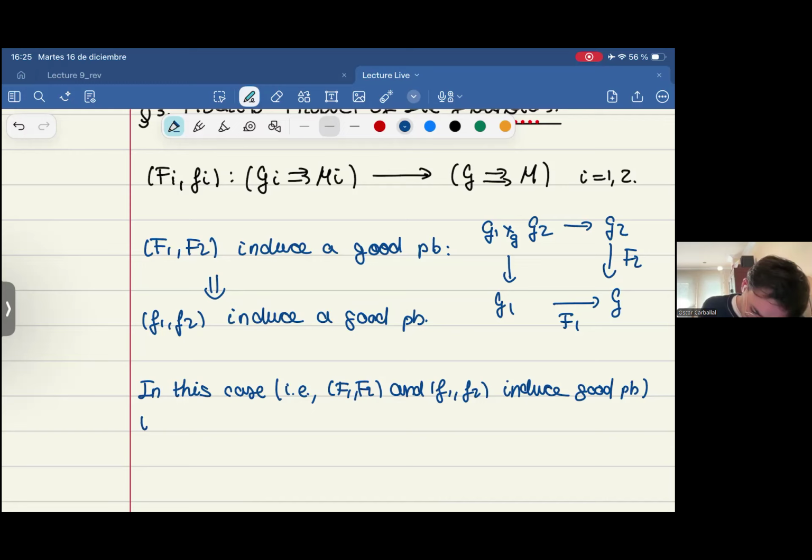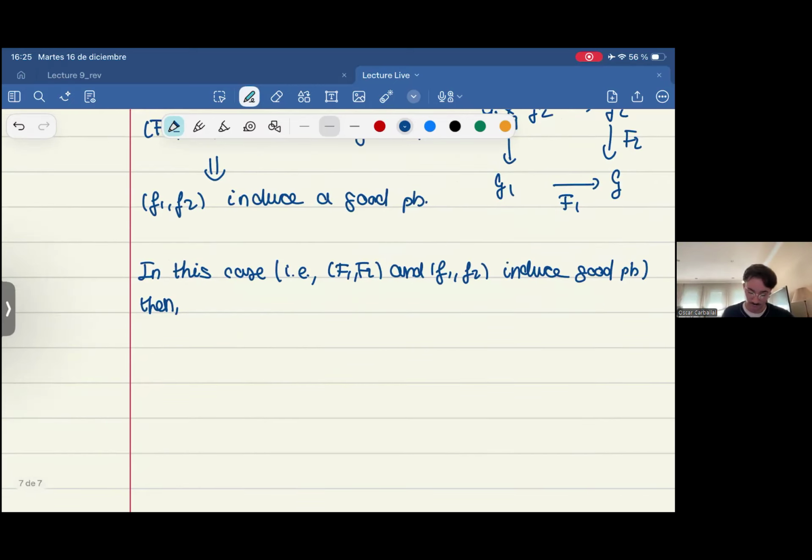Then we can construct the notion of fiber product of Lie groupoids, and it behaves very well in the sense that we can take for sure the pullback of the set of arrows, which is this thing here. We know that it exists because F1 and F2 induce a good pullback, the capital Fs. And the point is, in a very natural way, it is a Lie groupoid over the pullback of the sets of objects.